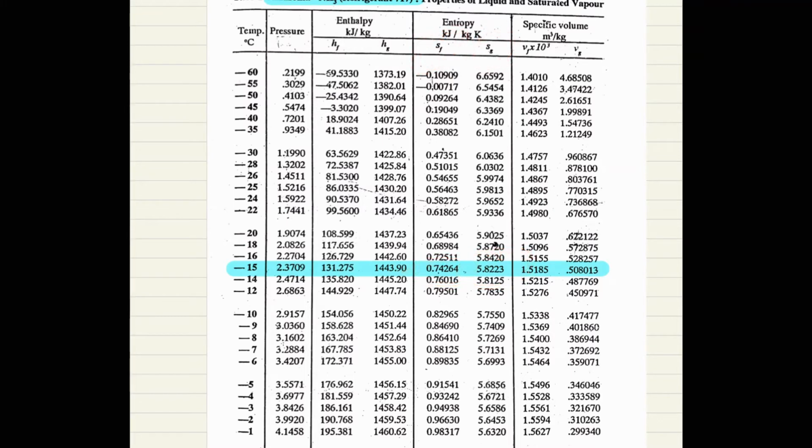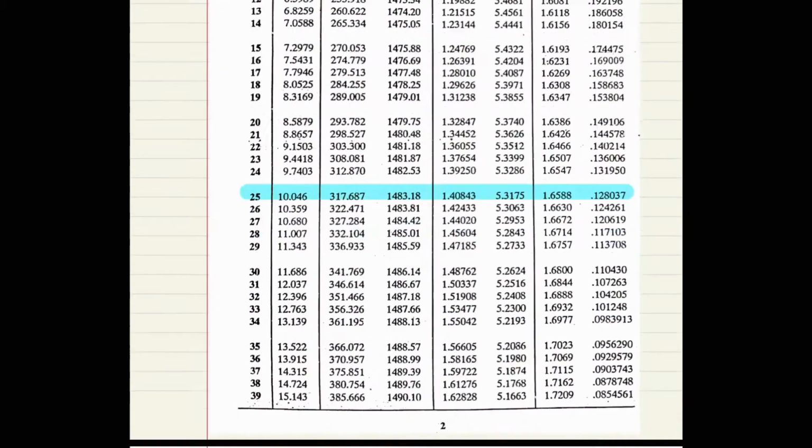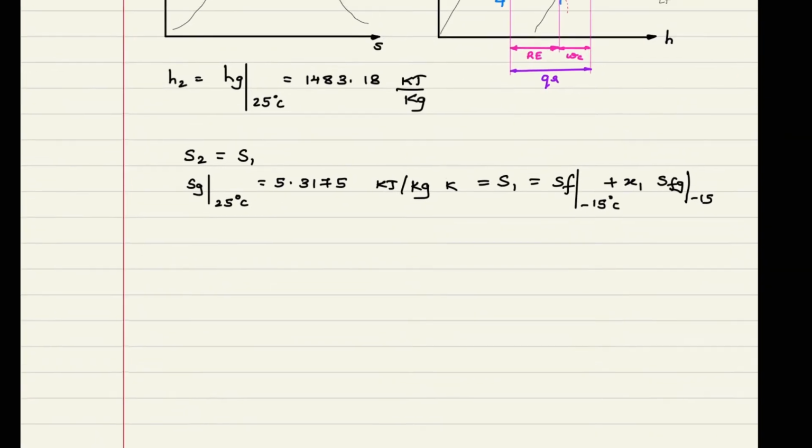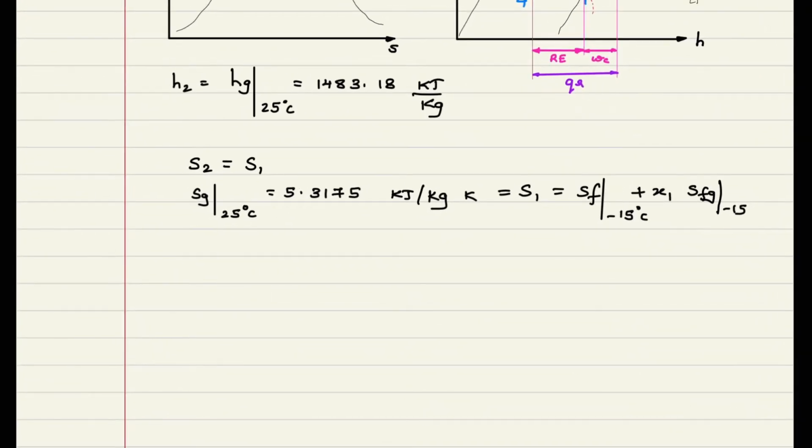So we'll write down the values. 5.3175 is equal to Sf at -15, 0.74246, plus X1 is unknown, which we have to calculate, into Sfg at -15.